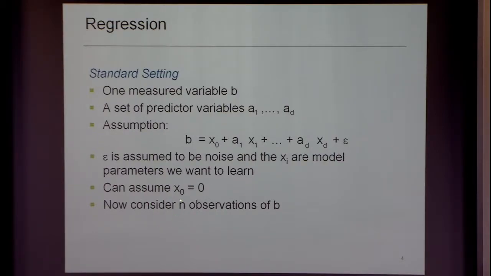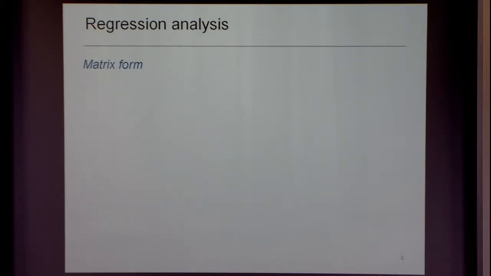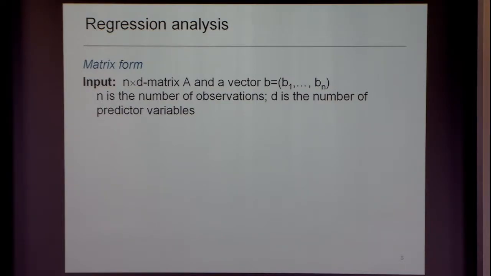By standard transformations, you can assume that this free coefficient x0 is equal to 0. So now you're just trying to find a subspace, a hyperplane through the origin. Let me cast the problem in matrix form, so we can talk about it in this way.